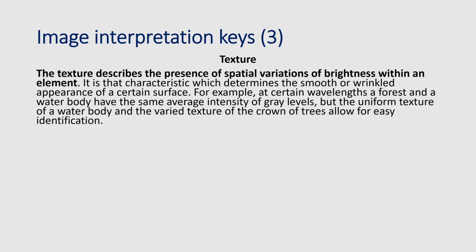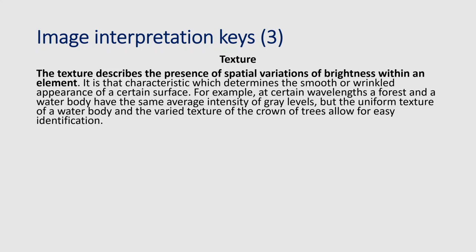Texture. What is a texture? A texture describes the presence of spatial variations of brightness within an element. It is that characteristic which determines the smooth or wrinkled appearance of a certain surface. For example, at certain wavelengths, a forest and a water body have the same average intensity of gray levels, but the uniform texture of a water body and the varied texture of the crown of trees allow for easy identification.